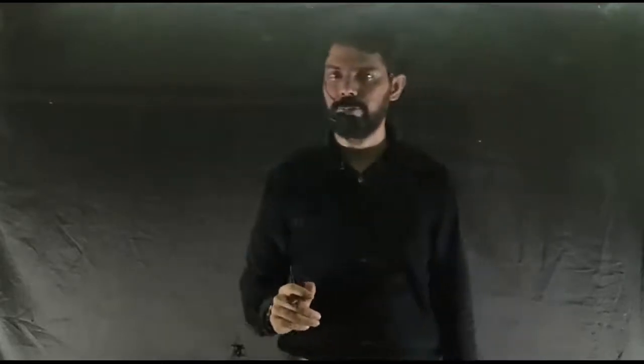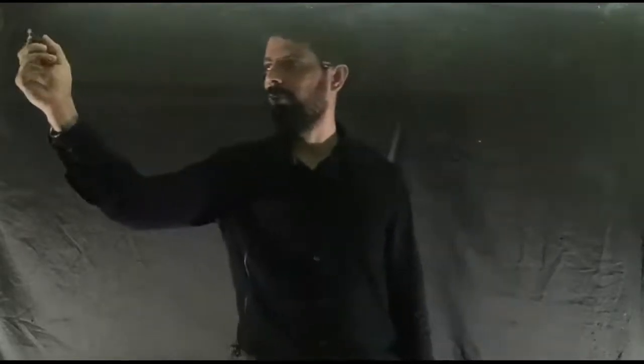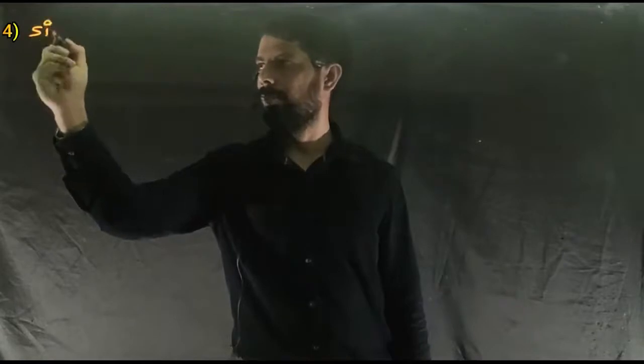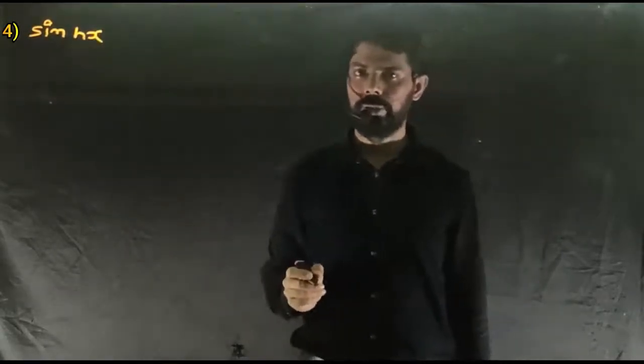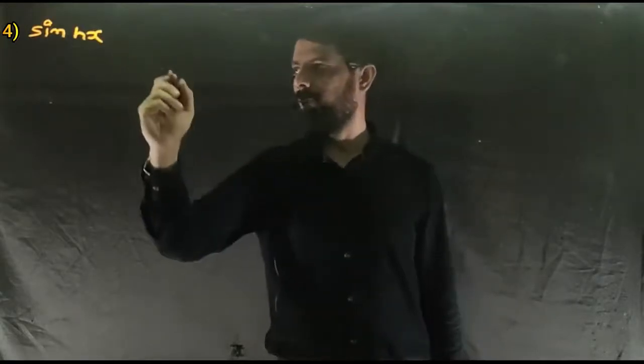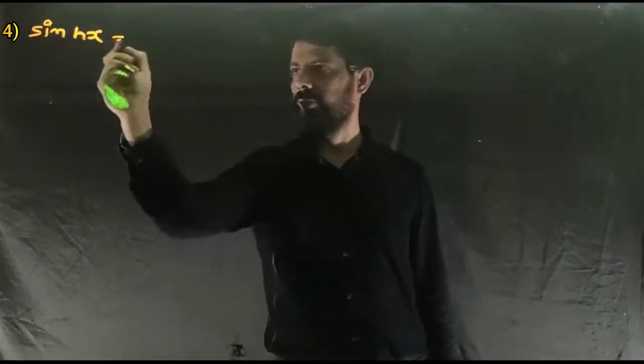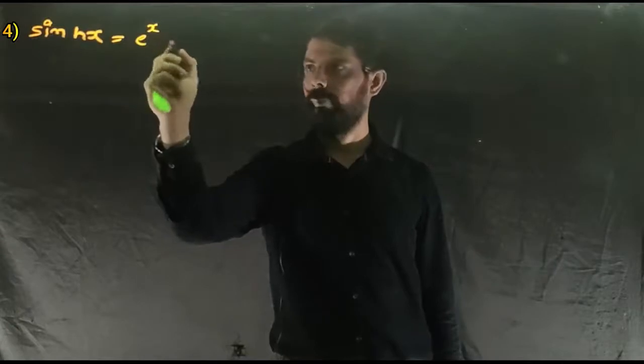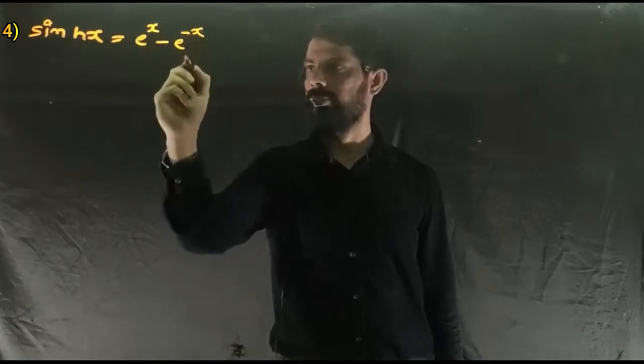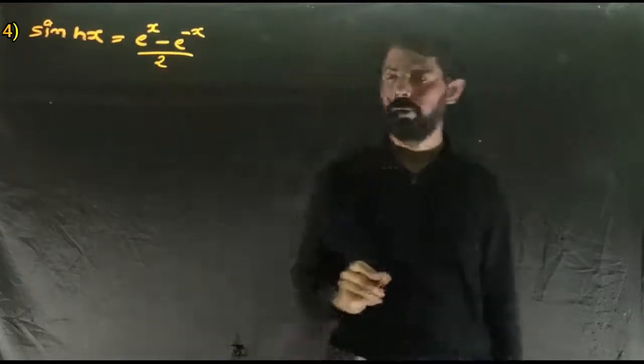Now we will discuss the Maclaurin series for the function sin hyperbolic x. Here sin hyperbolic x is defined as e raised to x minus e raised to minus x divided by 2.